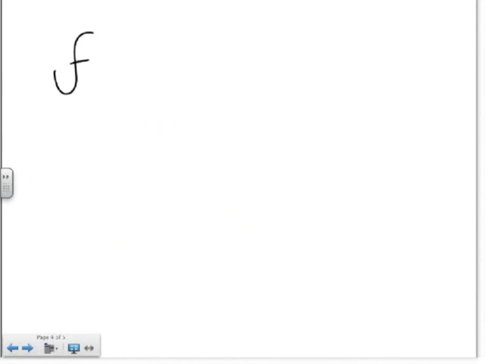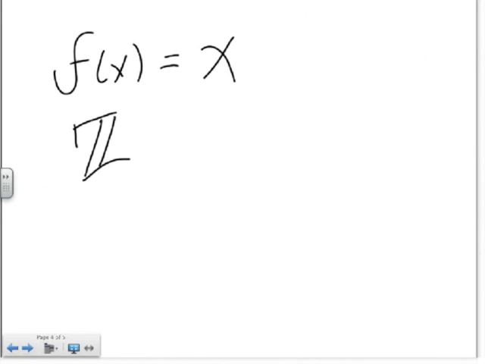Because I can create a function, f of x equal to x, and let's say that my domain is the set of positive integers, and my codomain is the set of positive integers. Then I can easily map every element from a set of positive integers to itself in the codomain, and I can then take the inverse of the function, which doesn't change anything, and then map back. So then I've just shown that the set of positive integers is countable.